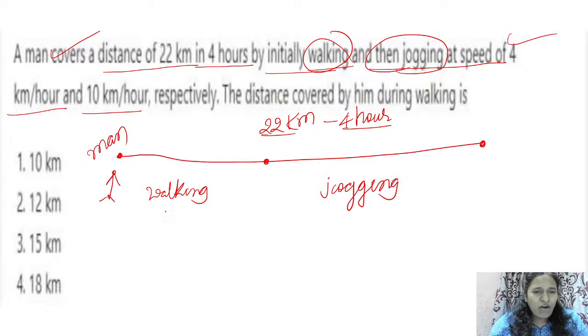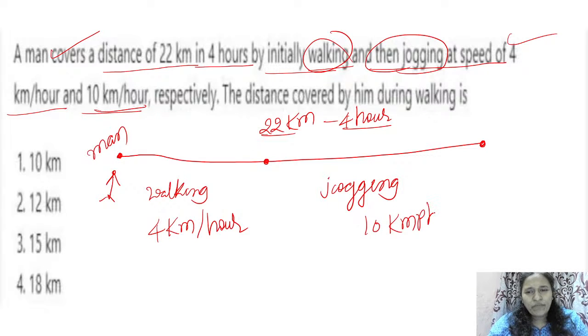Walking at the speed of 4 kilometer per hour and jogging at the speed of 10 kilometer per hour. The question is asking how much distance he covered by walking. If we find how much he walked, then we know how much he jogged, right?